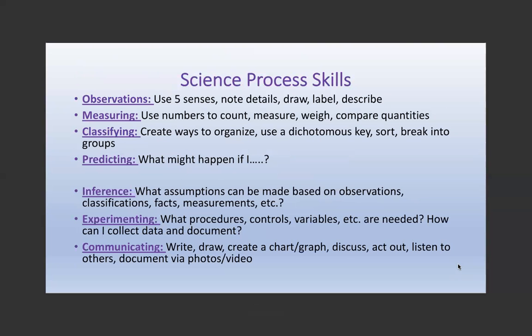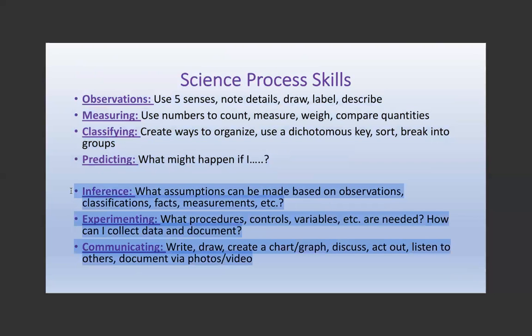The science process skills, the top ones, as we've discussed before, are the more basic, but very important to have students utilize. And then these below are more sophisticated as they gain more knowledge and skills.